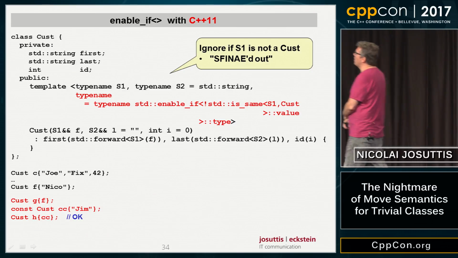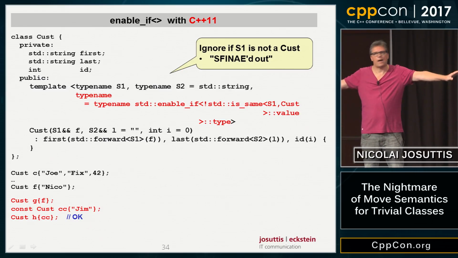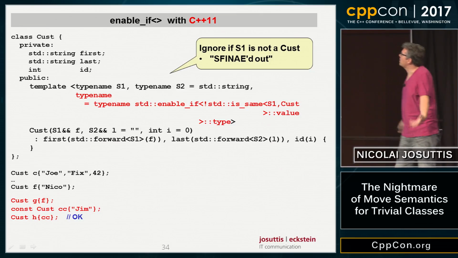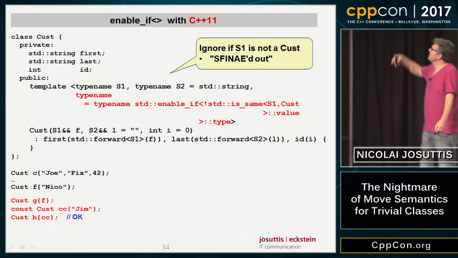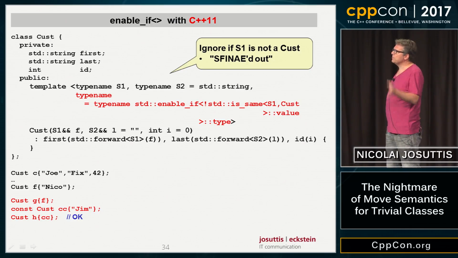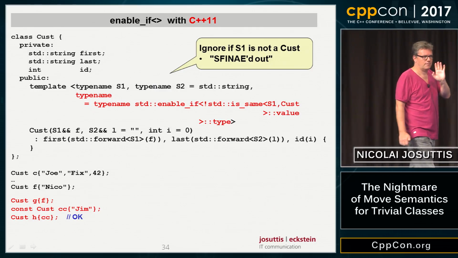And if this is false, the whole template is gone, is not there. So if we pass a customer as in a copy constructor, this is not used. Well, in theory, if we make everything right.